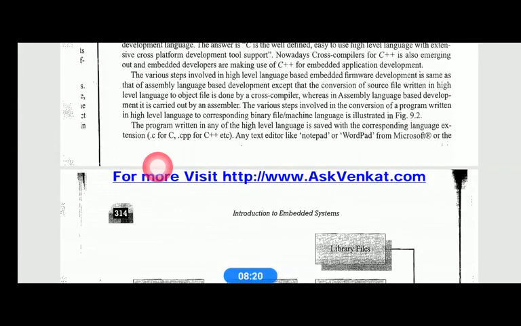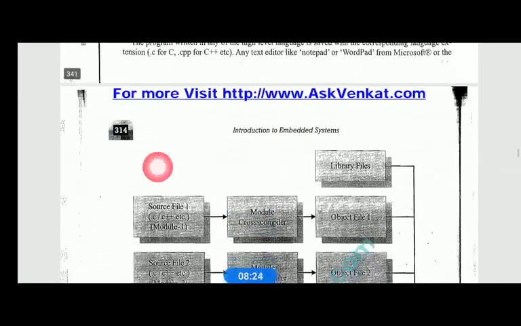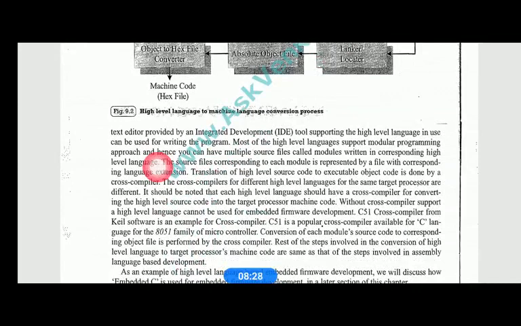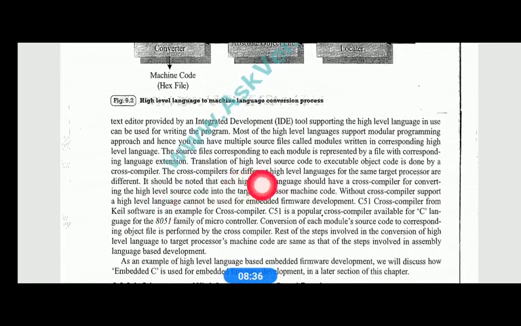You can see the various steps involved in the conversion of the program. The translation of high level source code to executable object code is done by a cross compiler. The cross compilers for different high level languages for the same target processor are different.